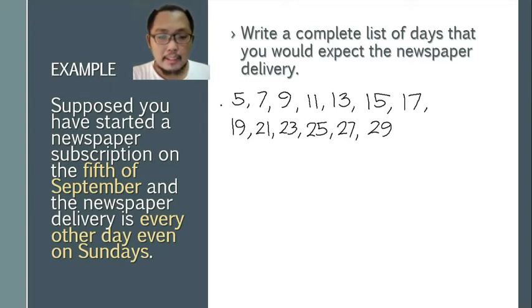It is a sequence because, based on the definition, we can easily come up with the next number after the first by adding a certain number. You will notice that we can easily come up with the number 7 by adding 2 to 5. So if we add 2 to 5, we get 7.